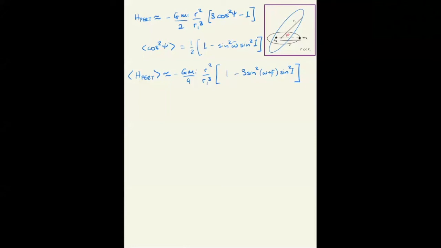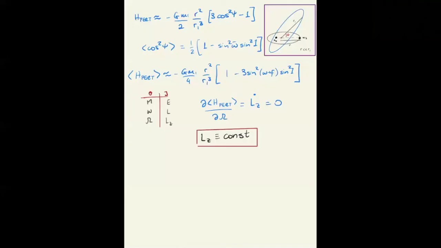And a very important thing happened here when we did this average: the longitude of the ascending node canceled out from the Hamiltonian. So you'll remember again the Delaunay variables in angle-action. The Hamiltonian not depending on an angle meant that the action was conserved. Because the longitude of the ascending node canceled out, that means that this system, the inner binary, is conserving the vertical component of the angular momentum.